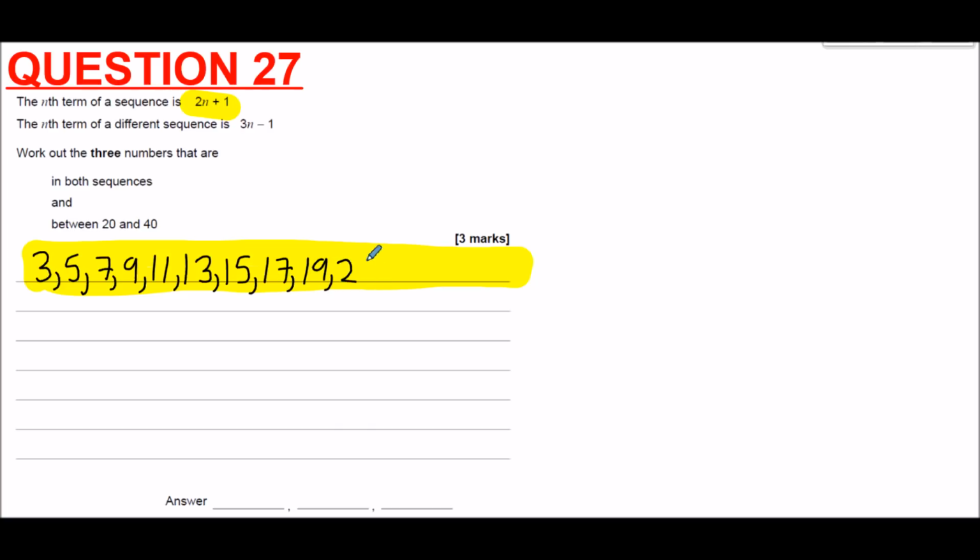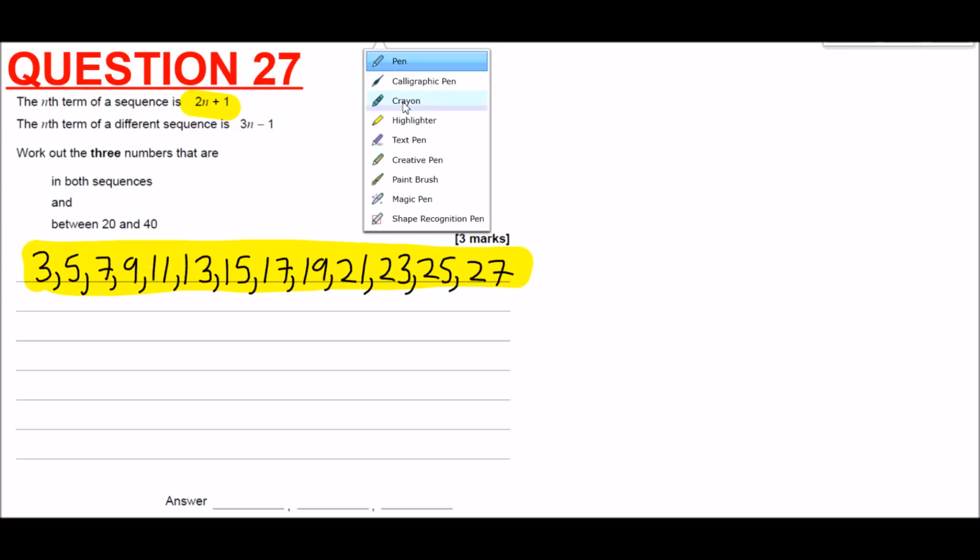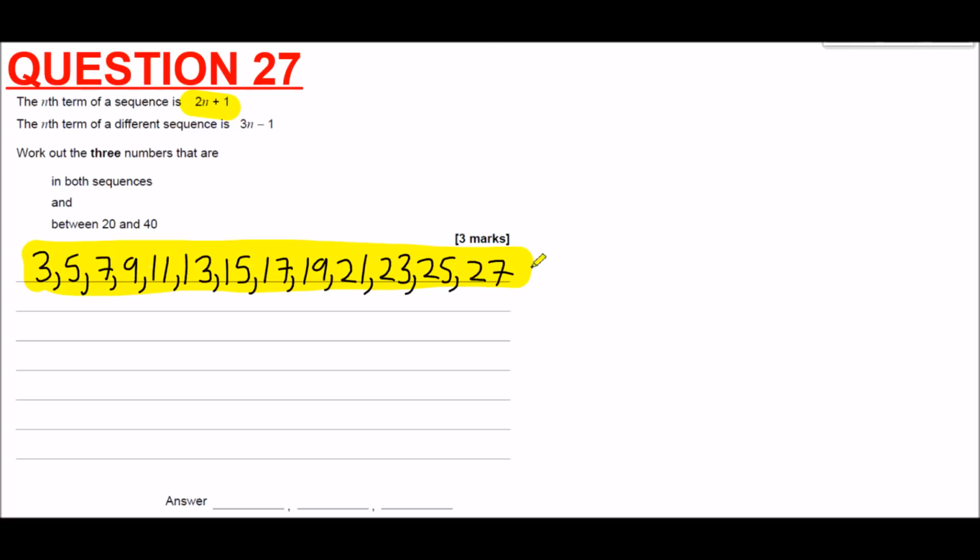19 plus 2 is 21, 23, 25, 27, and we're running out of space. So keep going. After 27, 29, then 31, 33, 35, 37, and 39.